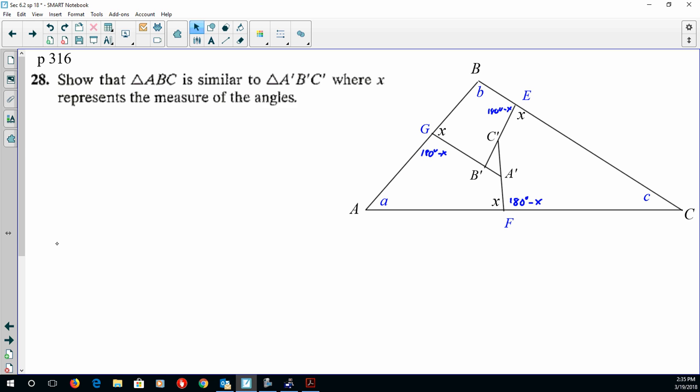Now let's take a look at the quadrilateral E, C prime to F to C. So it's this thing over here.